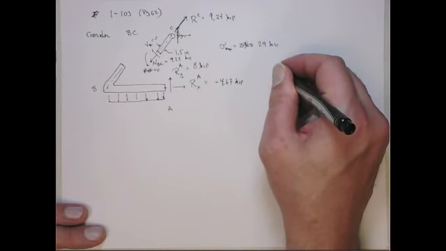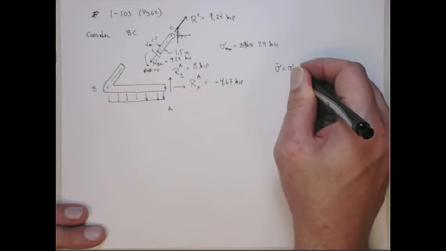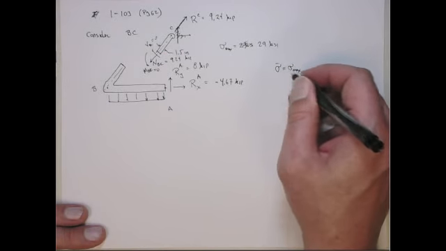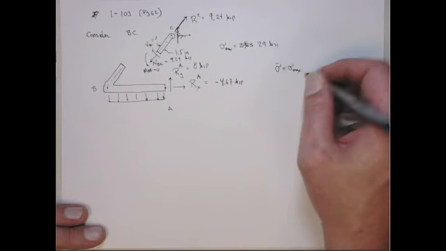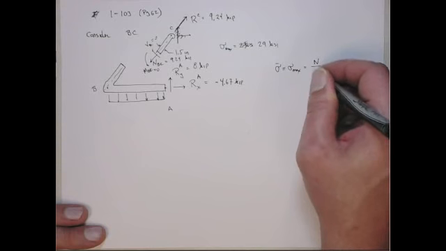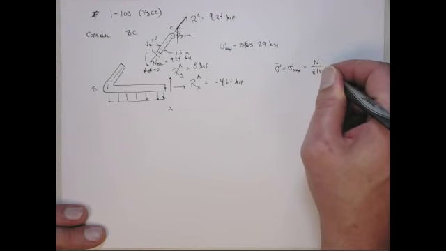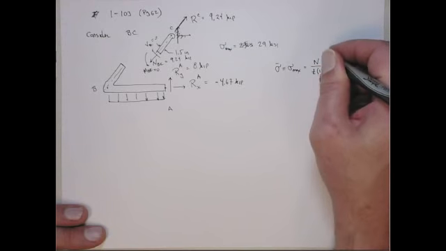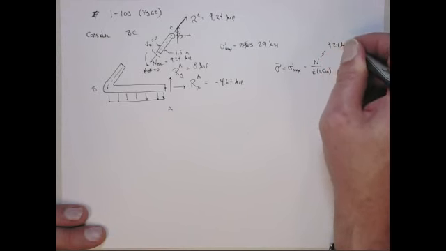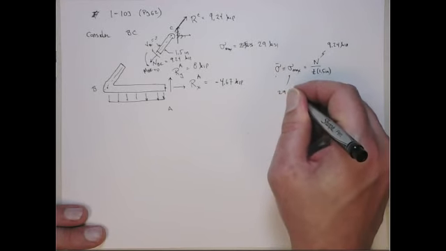All right, so the average normal stress has to equal that max, or this is the limiting case. I guess technically I should say less than or equal to. But the limiting case is where it's equal to sigma max, and that equals N over the area. So the area is the thickness times 1.5 inches. And we know this force is the 9.24 kips, and we know this value here is the 29 KSI.